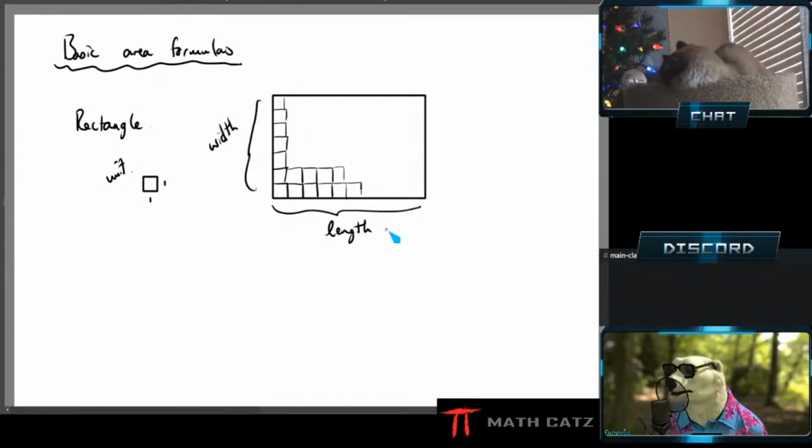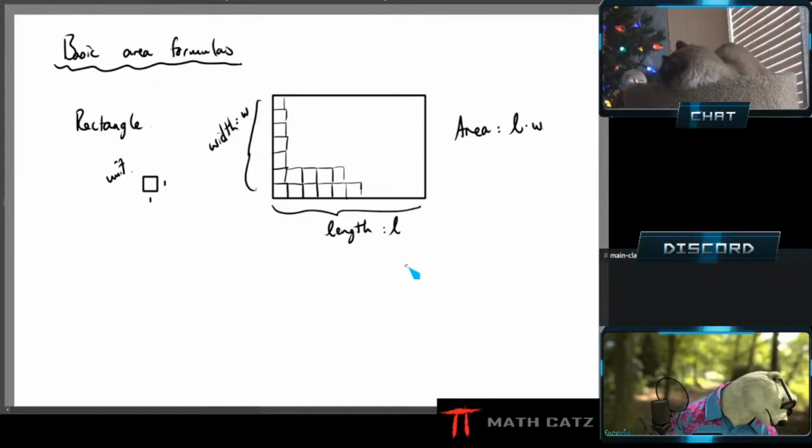So let's call this L, and let's call this W. Why not? So if I know the length of this rectangle and the width, then by the basic concept of area, the area of this rectangle will be the number of unit squares that can fit, and that will be exactly the length times the width.